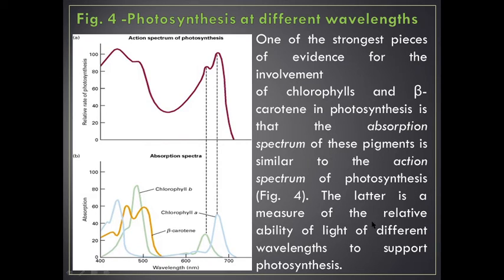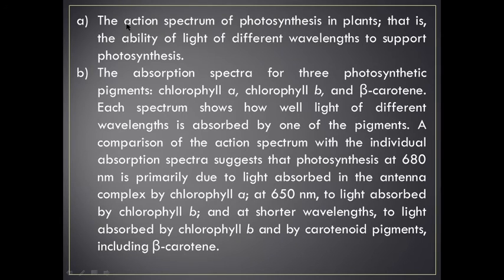The latter is a measure of the relative ability of light of different wavelength to support photosynthesis. The action spectrum of photosynthesis in plants, that is, the ability of light of different wavelength to support photosynthesis. The absorption spectrum of three photosynthetic pigments, chlorophyll A, chlorophyll B, and beta carotene. Each spectrum shows how well light of different wavelength is absorbed by one of the pigments.